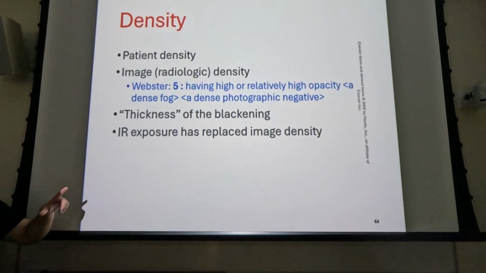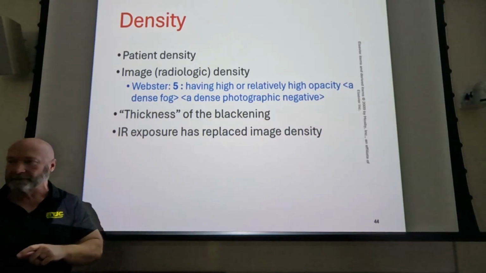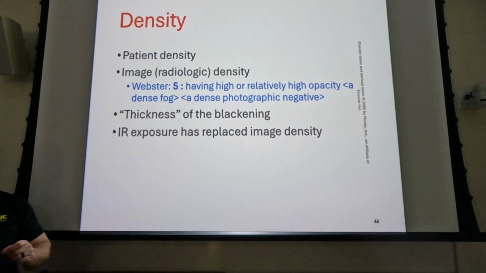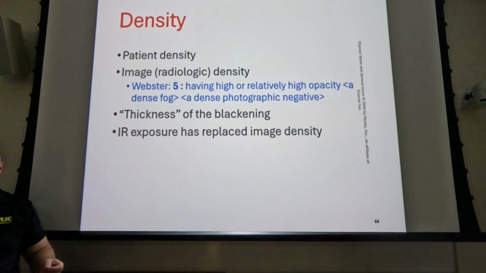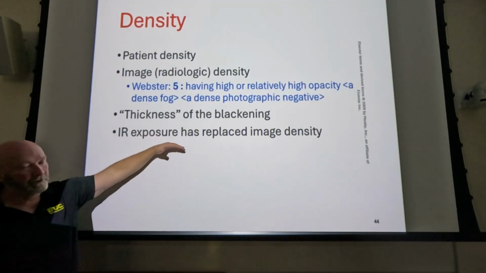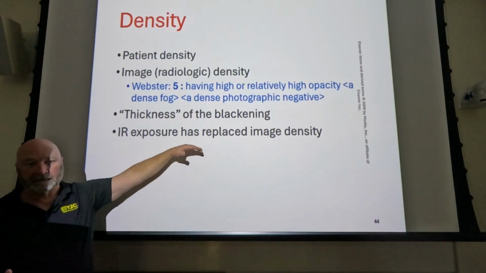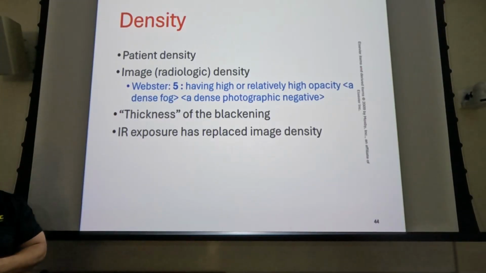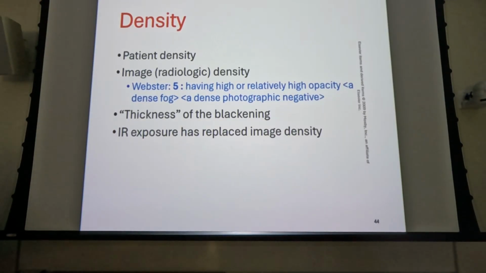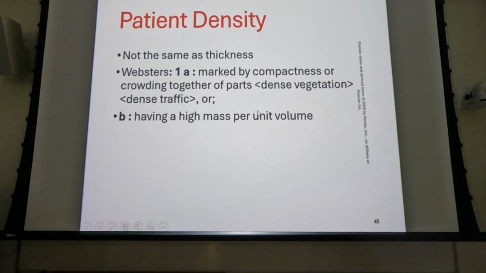That would be low contrast, right? Between each one of those subtle differences. So if you have subtle differences in density, then what you have is low contrast. If you have a lot of difference in density, then you have high contrast. Okay? So density. How dark is the image? How firm, how hard to penetrate is the structure?